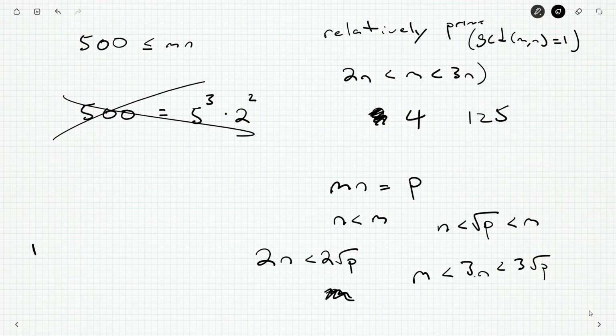And so mn being equal to p, m being less than 3 root p, I'm not seeing anything that particularly helps here. Rats.